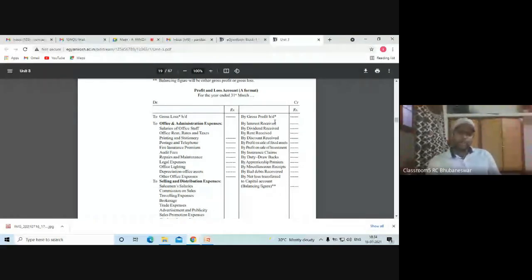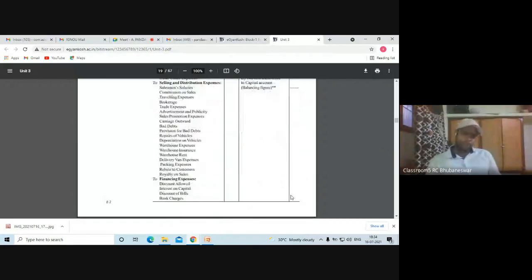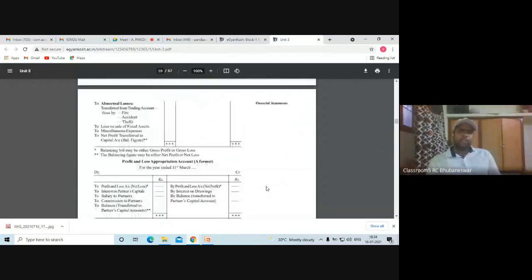Next, all the expenses will be recorded here and all the incomes will be recorded here, and after that we will make a balance. If income is greater than expenses, there will be net profit, but if expenses are greater than income, then there will be net loss. So here it is written net profit transferred to capital account or net loss transferred to capital account.